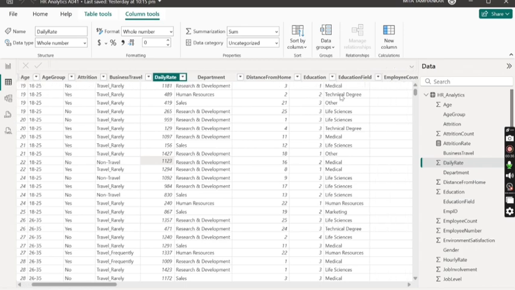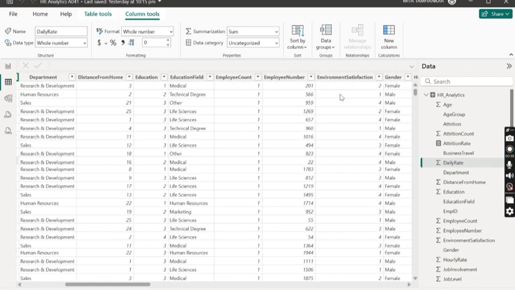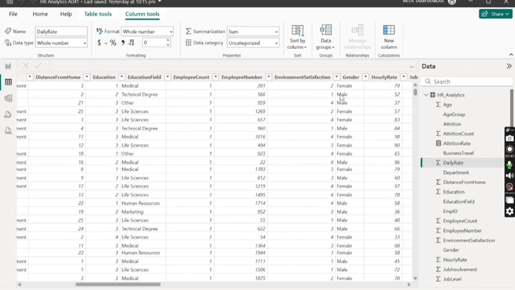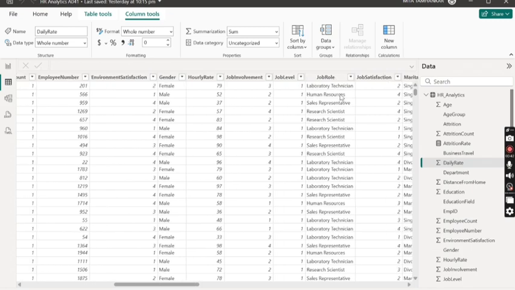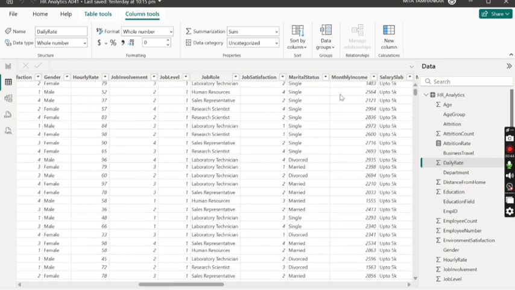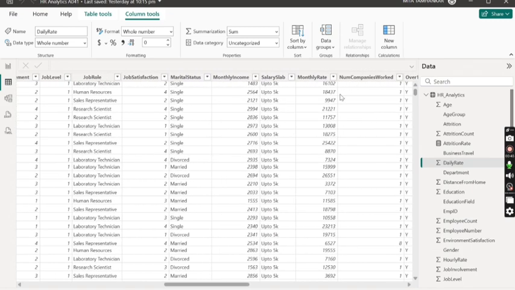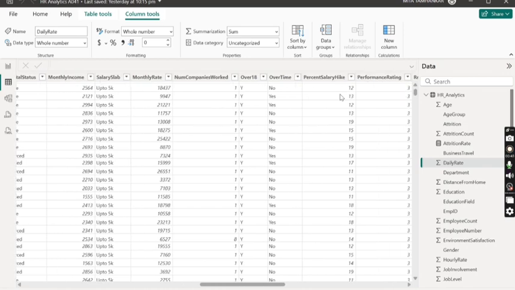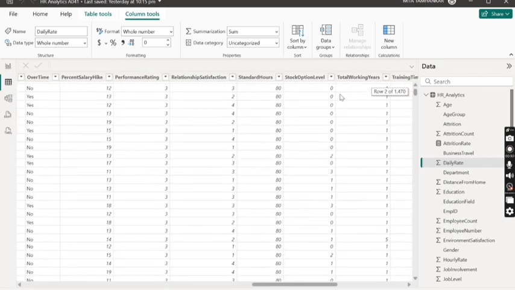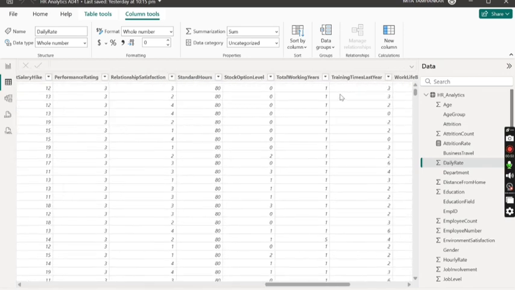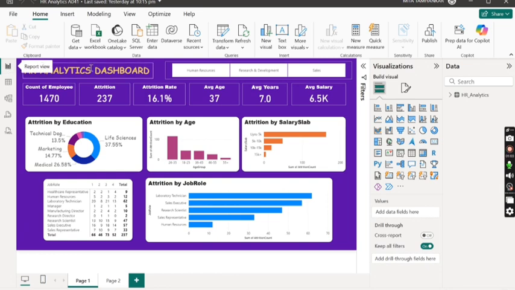Here are the numeric values and also the employee count, employee number, job satisfaction, job role, marital status, etc. First we cleaned the data, then we loaded it and created a report view. So this is a dashboard which we have created out of our table view.